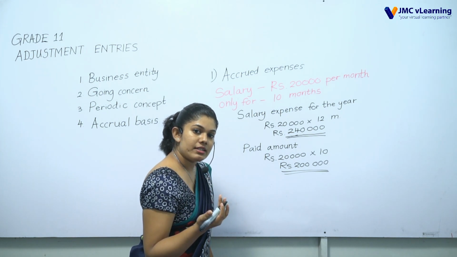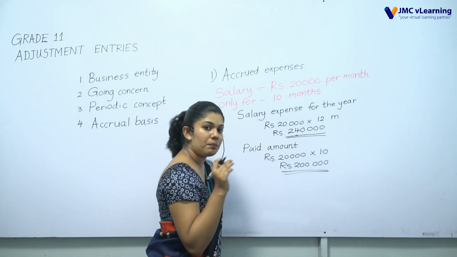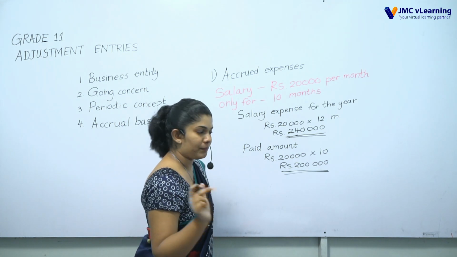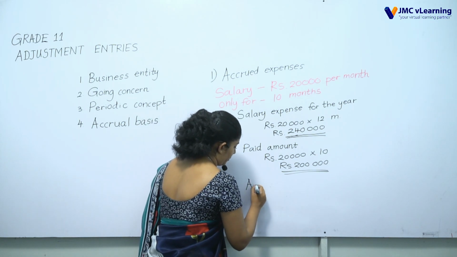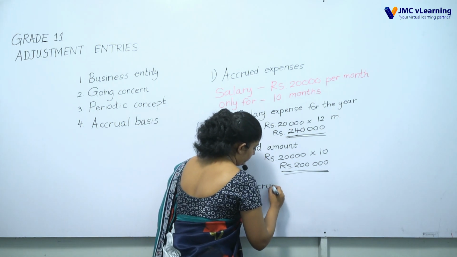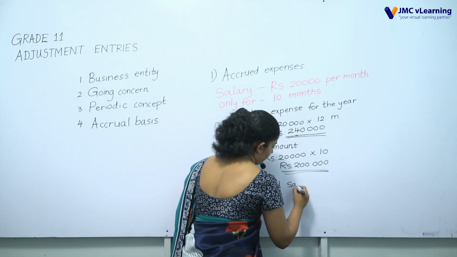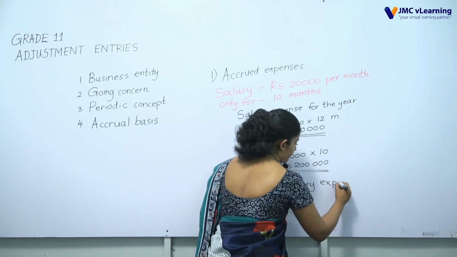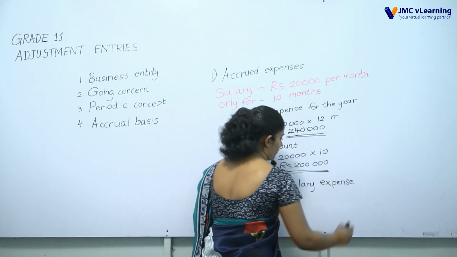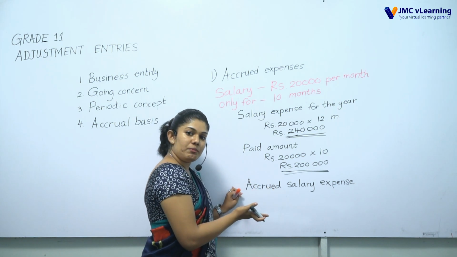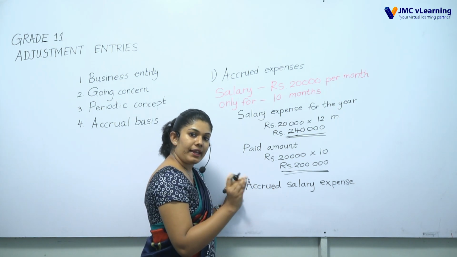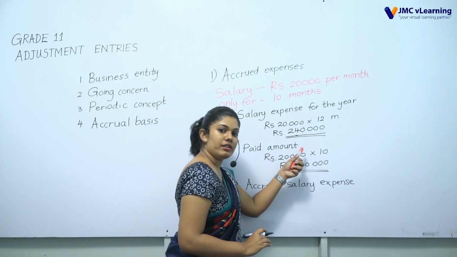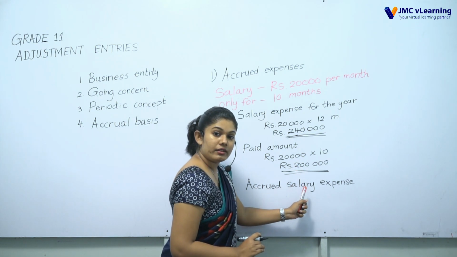What is the rest? The amount I haven't paid yet? Accrued salary expense. With accrued, always remember, haven't paid yet. So, the expense is 240,000. I have already paid 200,000.